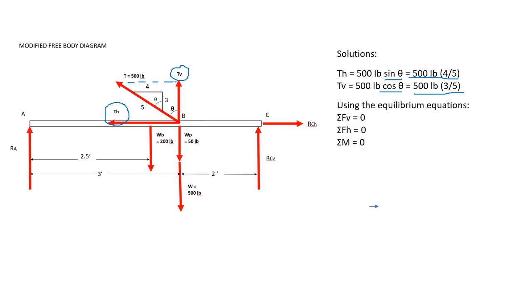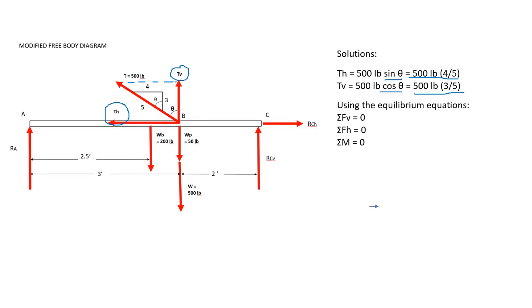The next one is using the equilibrium equations or equilibrium conditions. The first one is the summation of forces vertical is equal to 0. The second one is the summation of forces horizontal is equal to 0. And the summation of the moment is equal to 0.